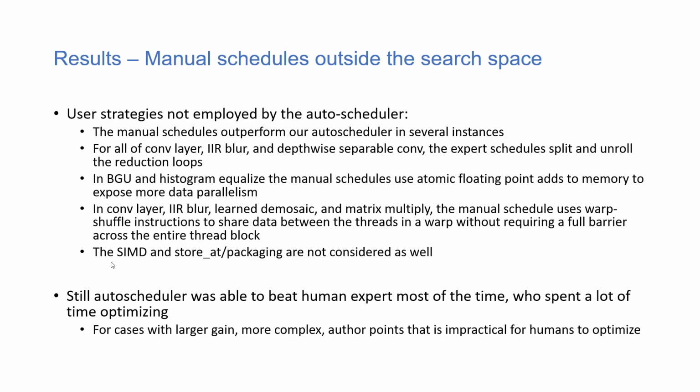And I think this is a big one: the storage and packaging are not considered as well. This is huge. Still, the autoscaler was able to beat the human expert most of the time, and the human of course spent a lot of time, and if you have a huge pipeline then it might not be practical to do this.